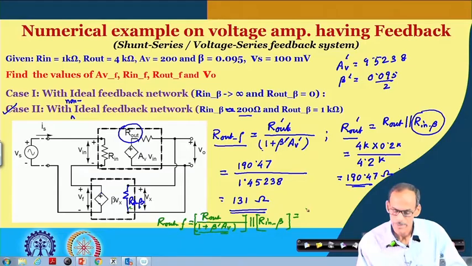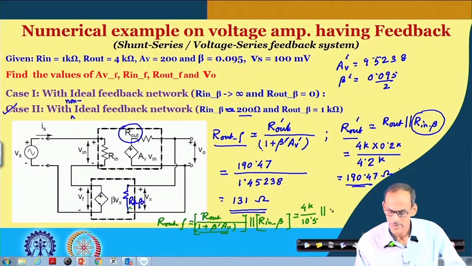So, R out is 4 k divided by 10.5, because the AV is 200. That is why it is 10.5. This is in parallel with 0.2 k, and in fact, this also becomes 131 ohms.